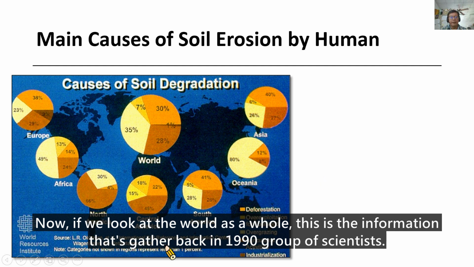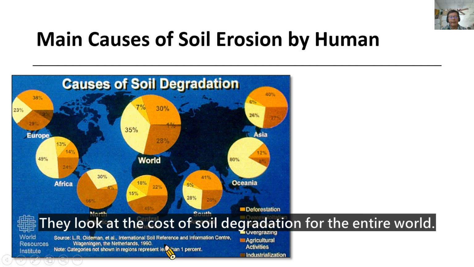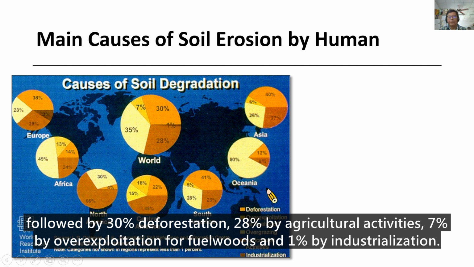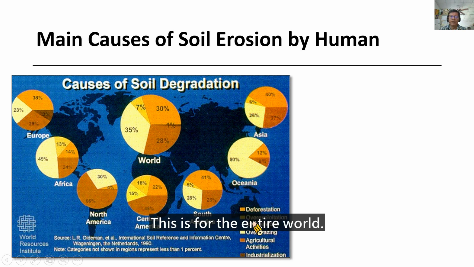Back in the 1990s, a group of scientists looked at the causes of soil degradation for the entire world. 35% of soil degradation was due to overgrazing, followed by 30% deforestation, 28% by agricultural activities, 7% by overexploitation for fuel wood, and 1% by industrialization. This is for the entire world.